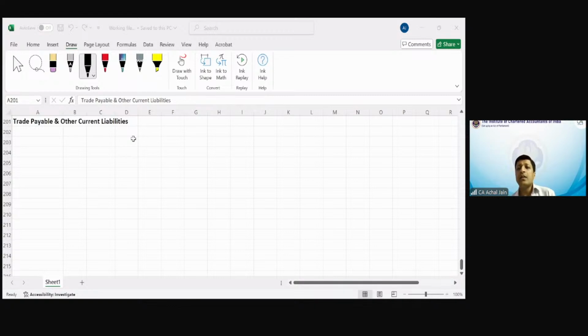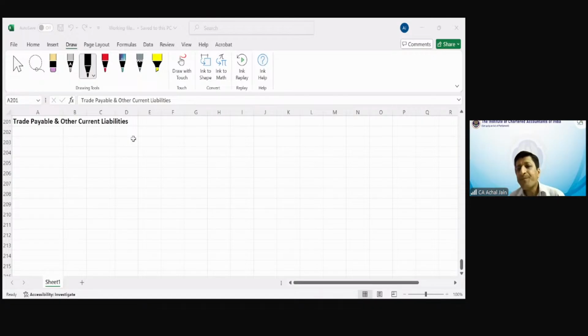Okay, great. I think creditors, that's what Prem, Rehana, Sunil, Almaz, Priyanshi, they are saying. Very good. So basically, we are talking about creditors here.